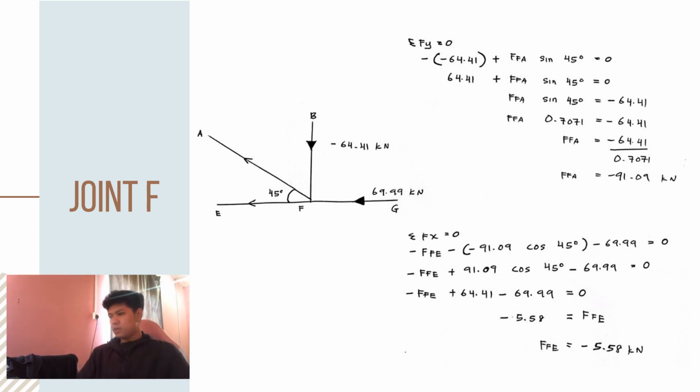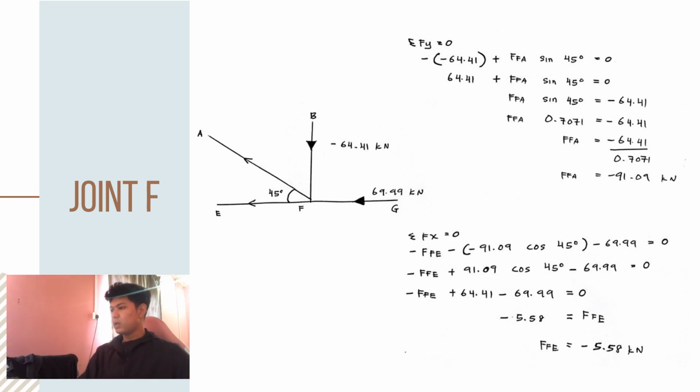So at the x-axis we use sigma Fx equal to 0, which is negative FFE plus bracket negative 91.09 cos 45 degree minus 69.99 equal to 0.